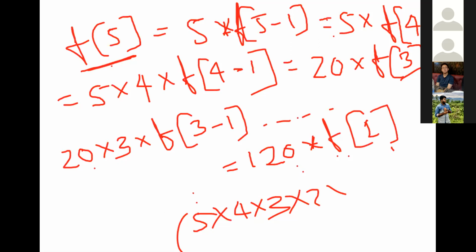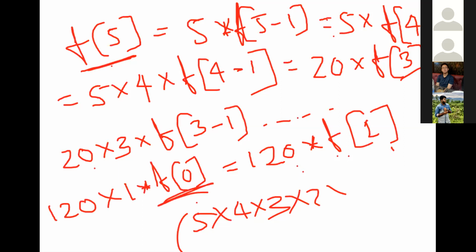Means 120 into 1, then f of 0. So this is the terminate point. And everywhere you see, I am repeating the same equation.